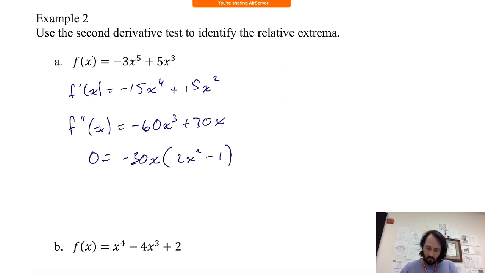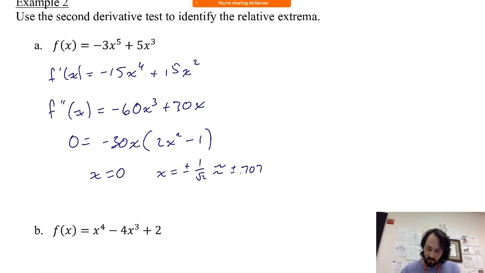Then I have 0 equals, well, I'll just write my solutions at this point. So x equals 0, and then x equals plus or minus 1 over root 2, which is approximately plus or minus 0.707. So I am going to write out my second derivative test on my number line.